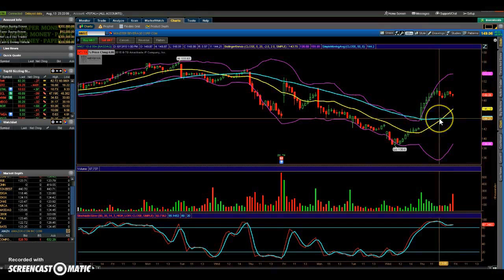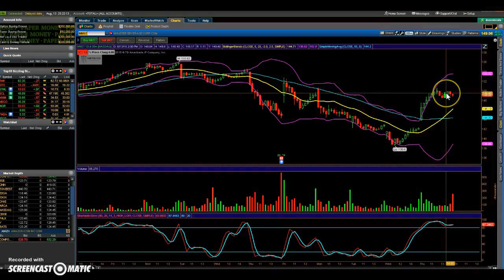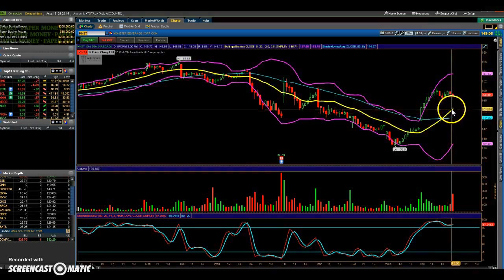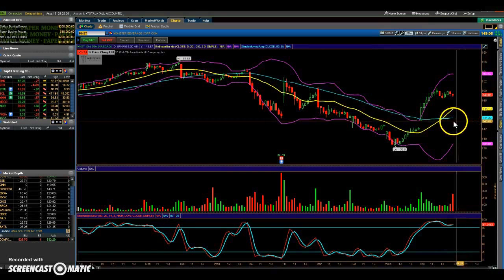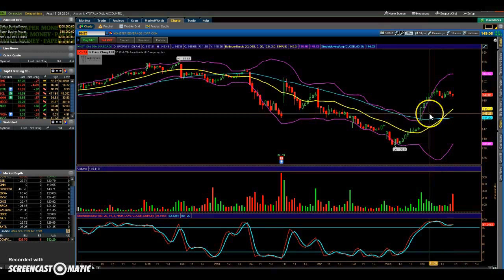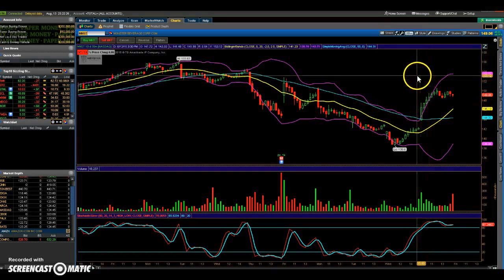This is the 50-day simple moving average, and we're expecting it to at least come back down right around here, which would be around 144 or lower. Like I said, it's a very simple concept, and these are two studies that work very well for me.